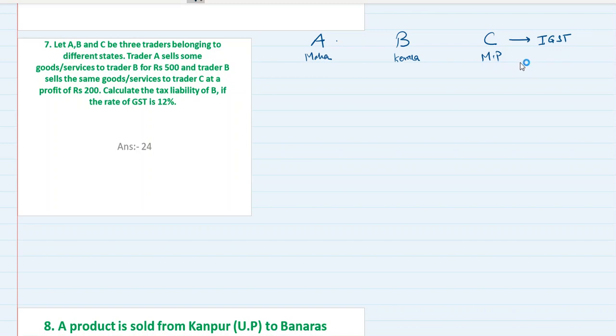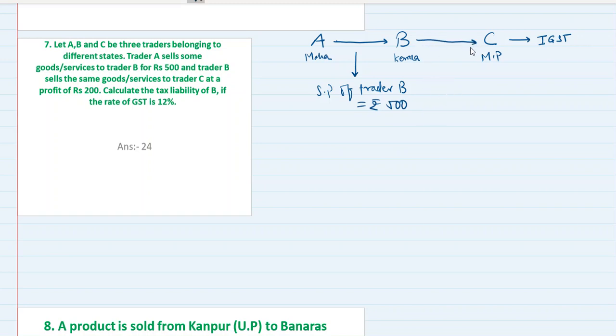Trader A sells some goods or services to trader B for rupees 500. So A to B. The selling price for trader B is equal to rupees 500. And trader B sells some goods or services to trader C at a profit of rupees 200.